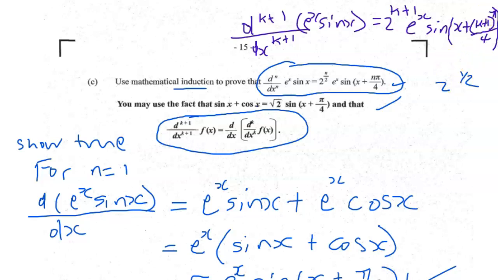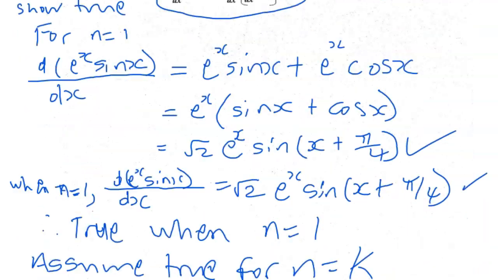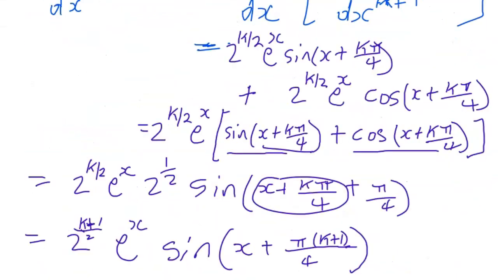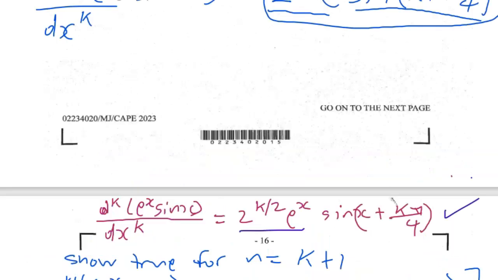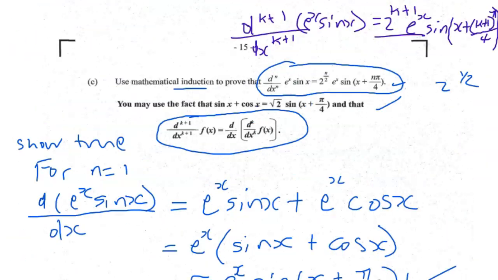Let's see if that's what we had here. So let's check term by term. 2 to the k plus 1 over 2, e to the x, and sine x plus k plus 1 pi over 4. And of course, when we use the formula, we'll get the exact same thing.